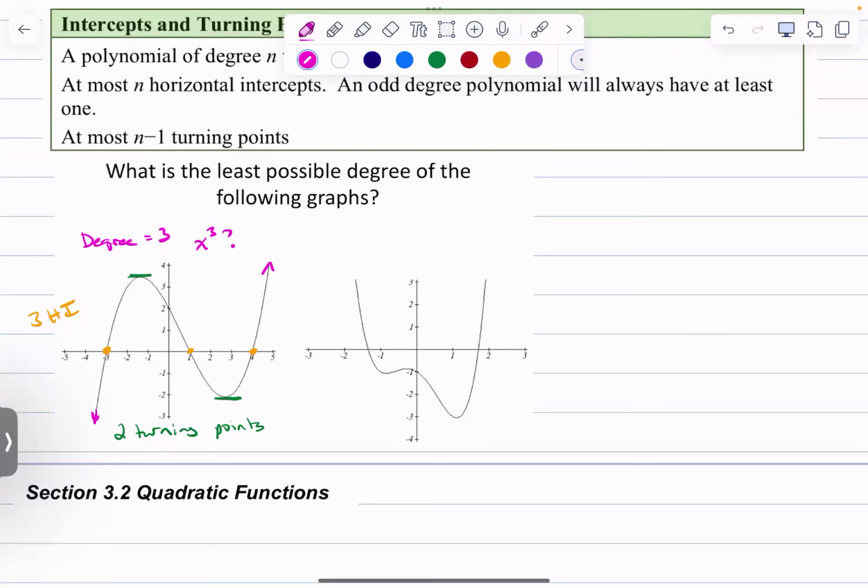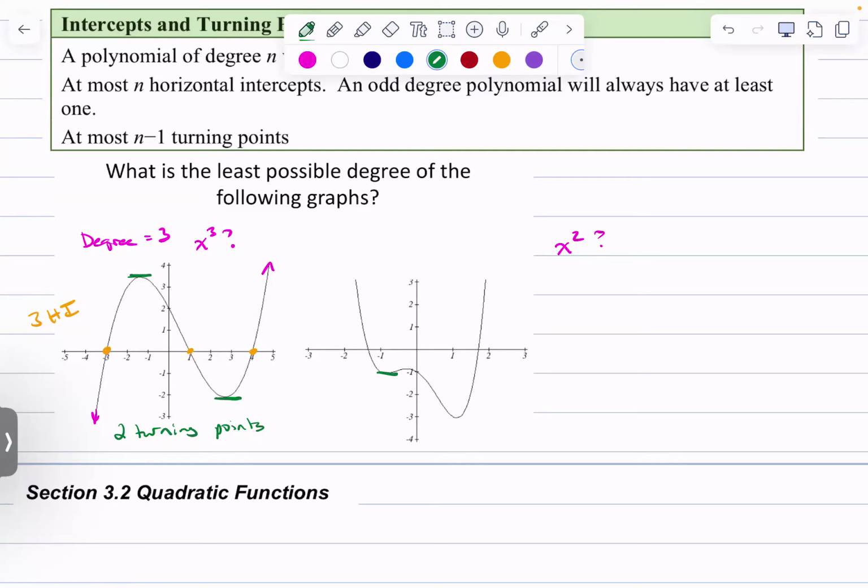For the next one, you want to start with a guess and then adjust your guess as you go. I would say this looks like an x squared, a parabola with some action in between. What I want to do is check the turning points.